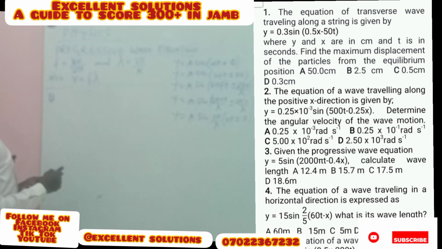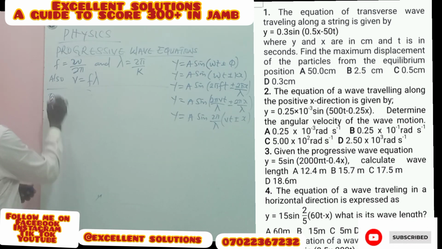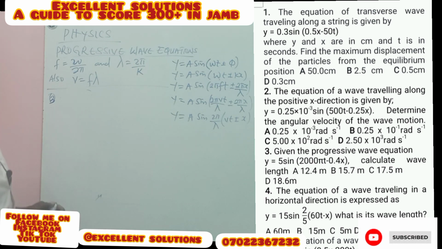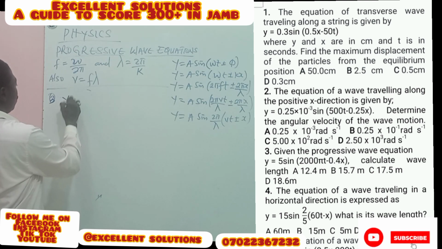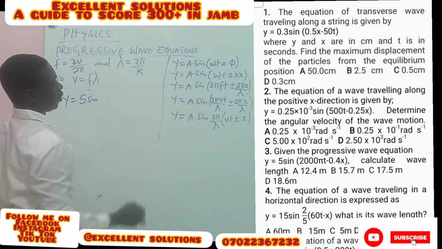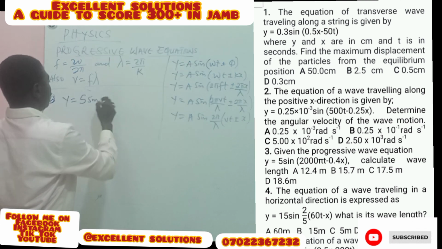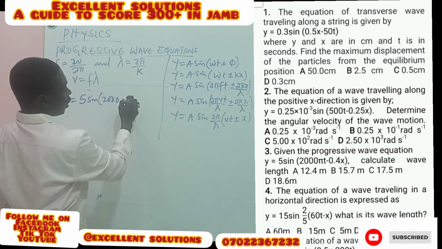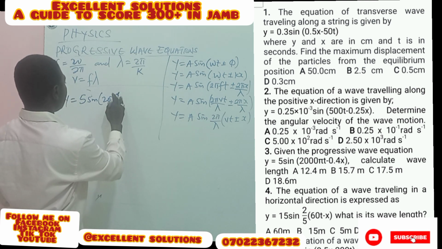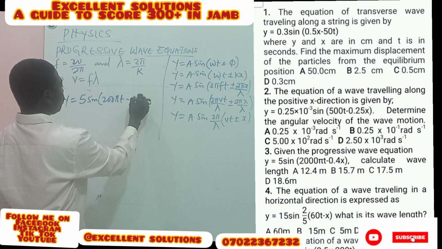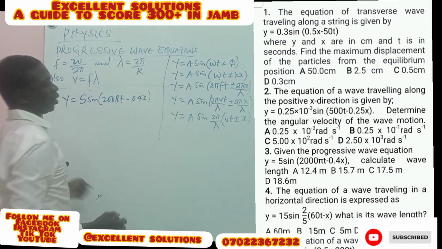The next question is question 3. And question 3 says, given the progressive wave equation, y is equal to 5 sine 200 pi t minus 0.4 x.